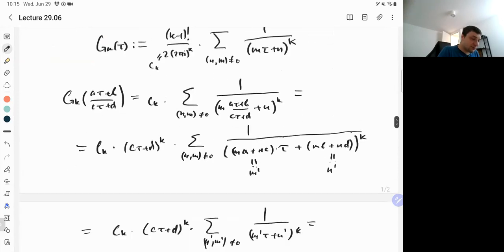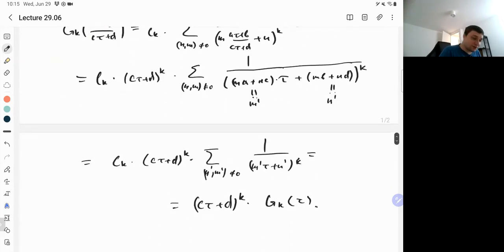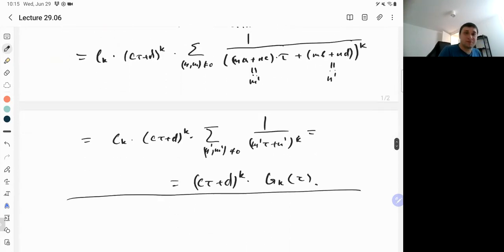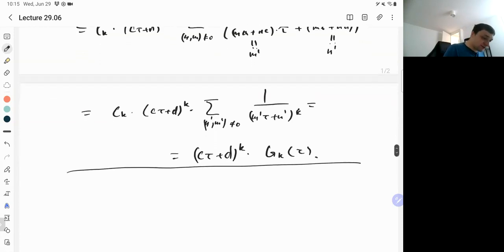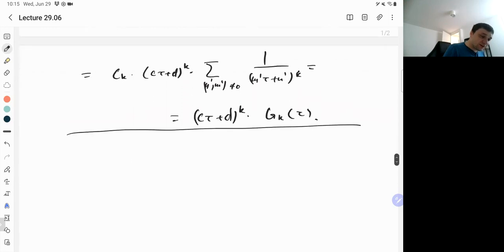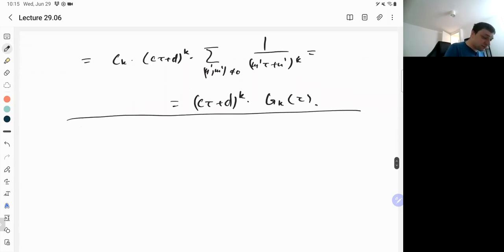And so now the modularity is kind of trivial. Then the question is, why does it have the Fourier expansion that I said it has? The difficult part of that computation is an exercise in today's sheet, but let me just do this calculation.